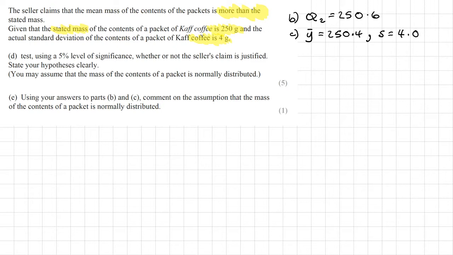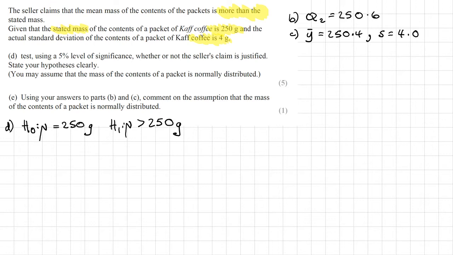So this is a full hypothesis test, and whenever we do any hypothesis test, we start with H0 and H1. Because we're testing for the mean, we always use the mu symbol, and H0 is that the mean weight is just 250 grams. H1 is going to be that the mean is, and we highlighted it here, more than 250 grams.